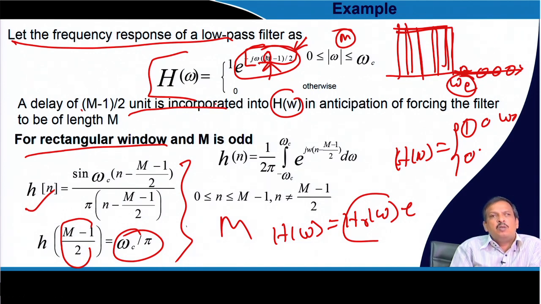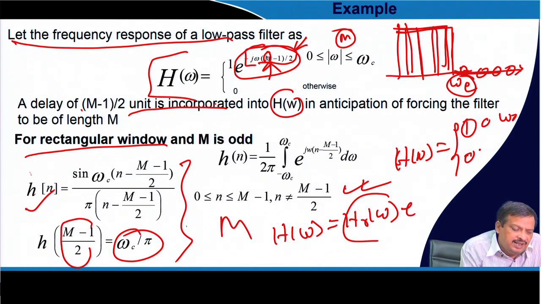Rectangular window means 1 up to that part and 0 afterward. So I can get this one, and this is my h(n).